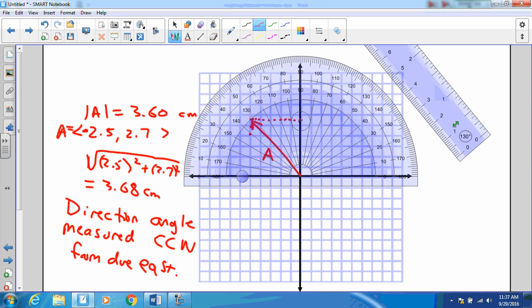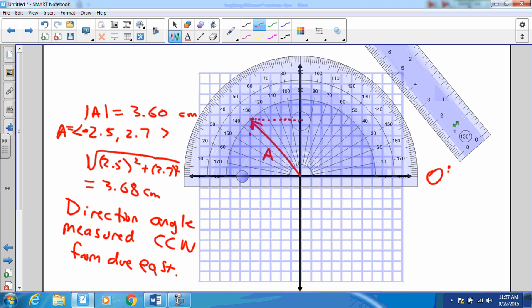What I mean by that is, I'm going to put the 0 degrees along the positive x-axis, this way, so that 0 is always here at due east. And then I'm going to measure positive angles in this direction. Does that make sense? Can you say that one more time? Due east is going to be 0 degrees, always, and positive is going to be counterclockwise, like that.